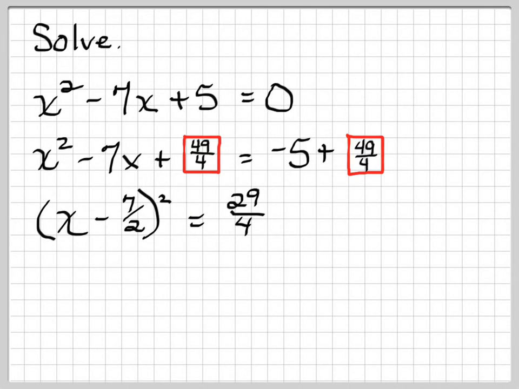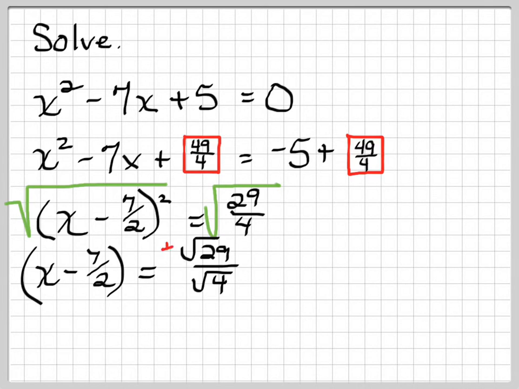So to undo the square, we take the square root. The square and the square root cancel each other out. We're left with plus and minus √29 over √4, which can be split up into separate radicals. The square root of 4 is 2. All right, now we're going to add 7 halves to both sides.